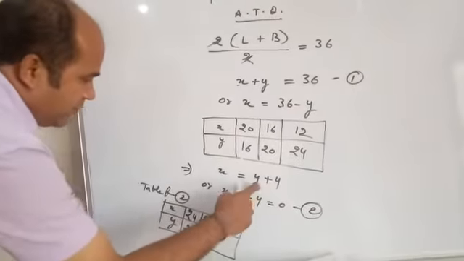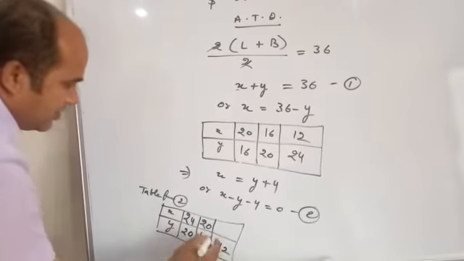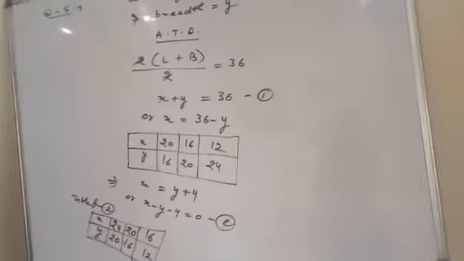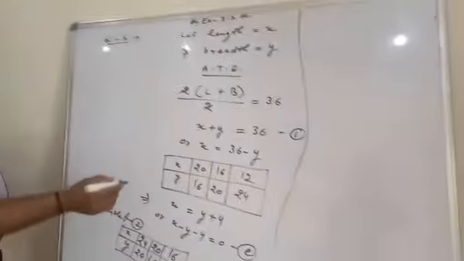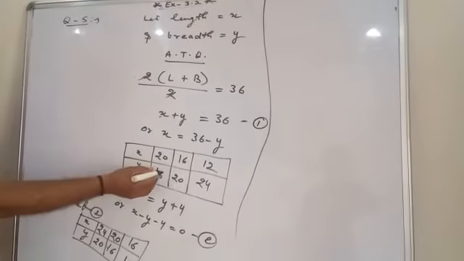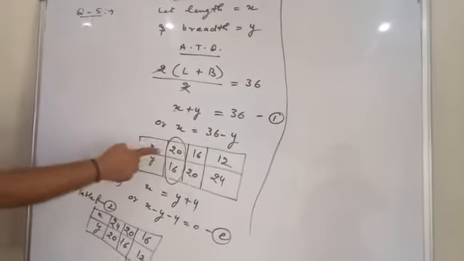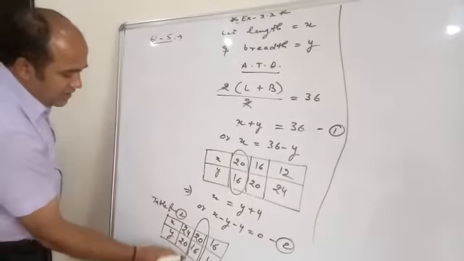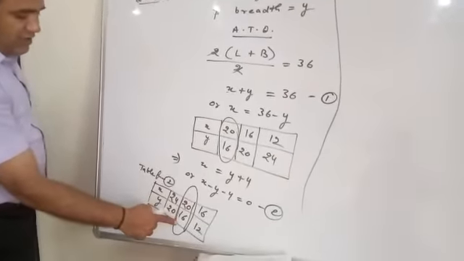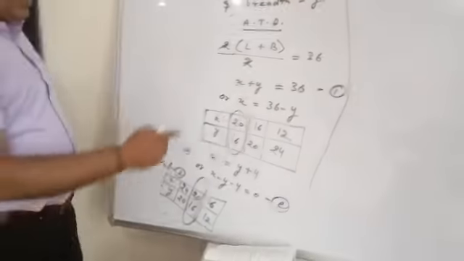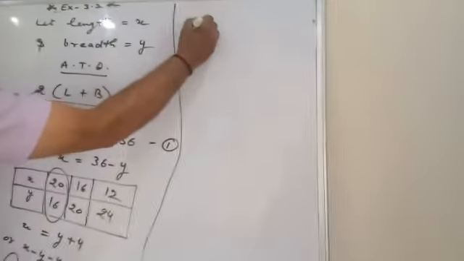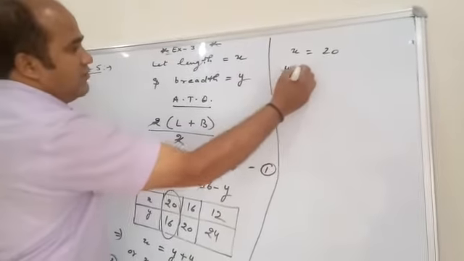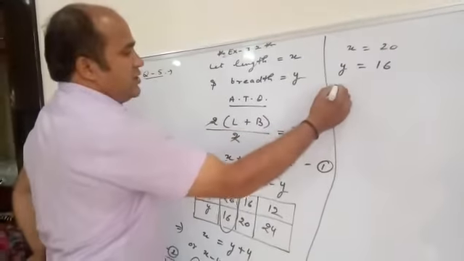And if you put y value 12, you will get x 16. In both tables you can see common values, x equal to 20, y equal to 16. In the second table also, x value 20, y value 16. So this becomes the answer, x equal to 20, y equal to 16.